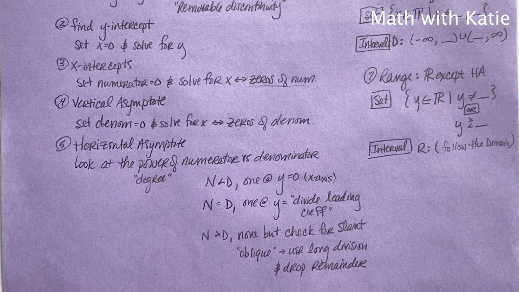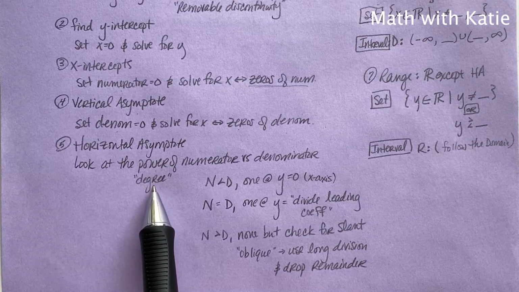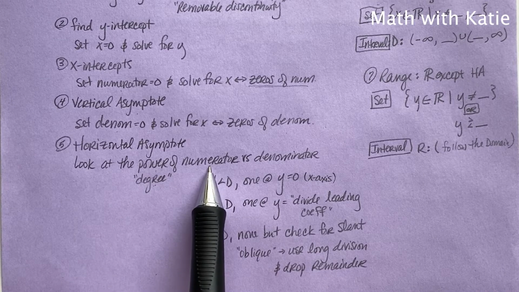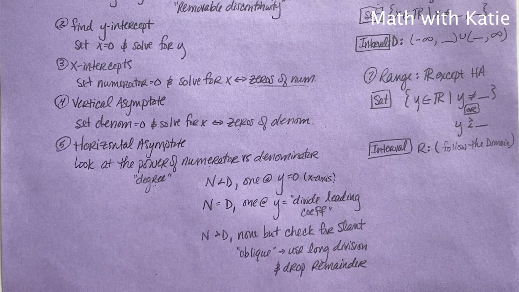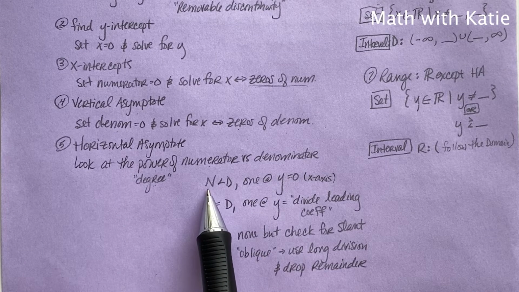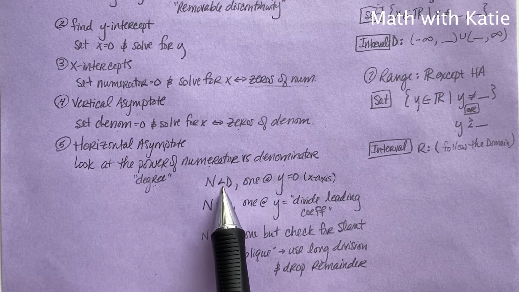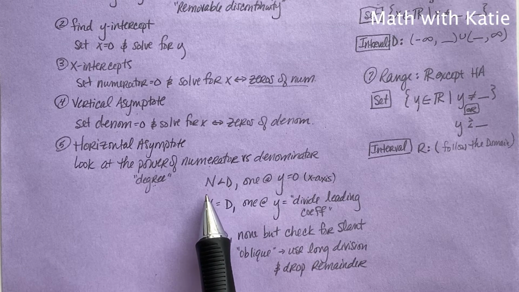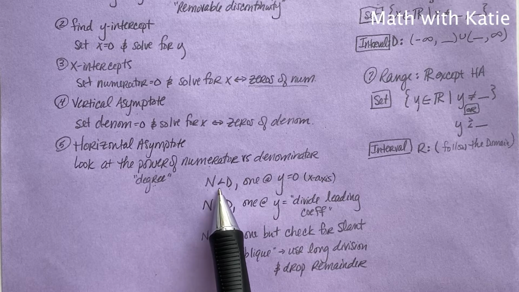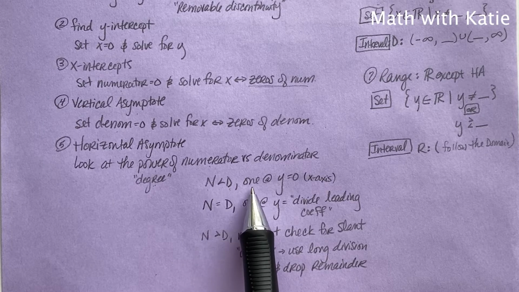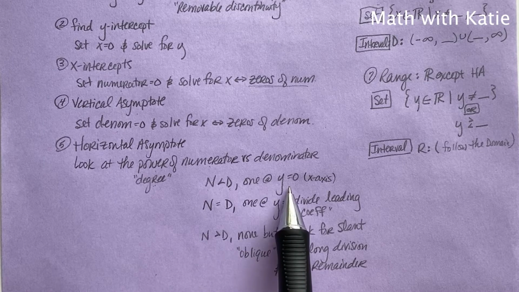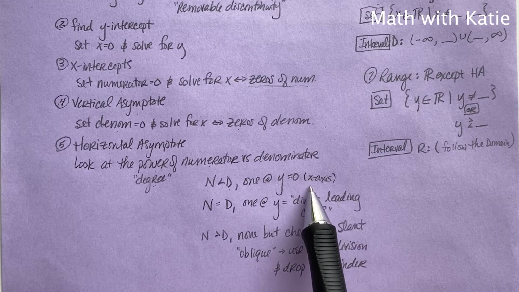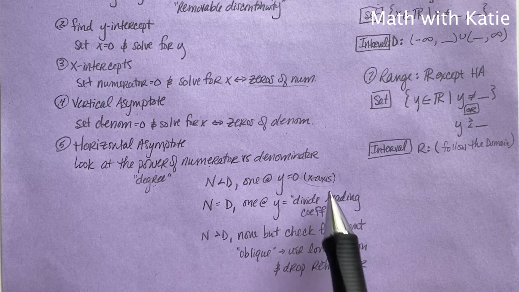So here we're actually going to look at the power, or we also call it the degree, of the numerator versus the denominator. Okay, so if the power or degree of the numerator is less than the denominator, you have one horizontal asymptote at y equals 0, which is also called the x-axis, okay?